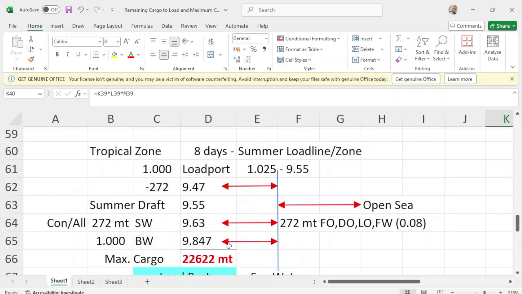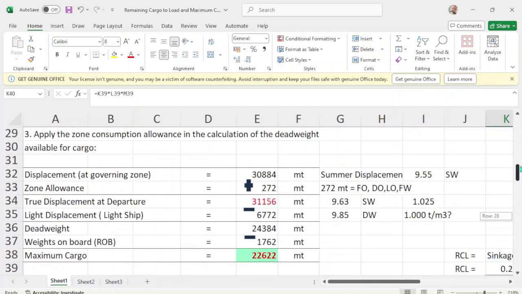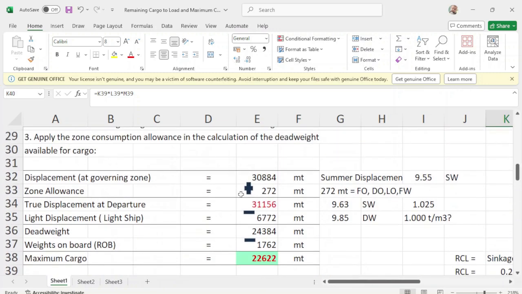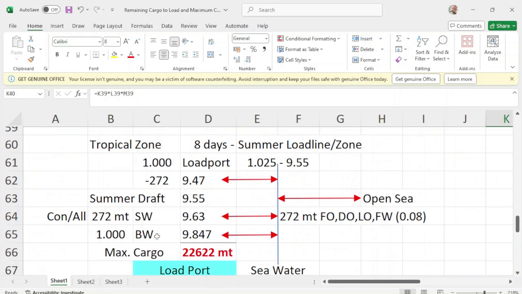Because you have loaded the zone allowance of 272 metric tons of consumption of fuel oil, when you depart from berth and consume this 272, you will float.